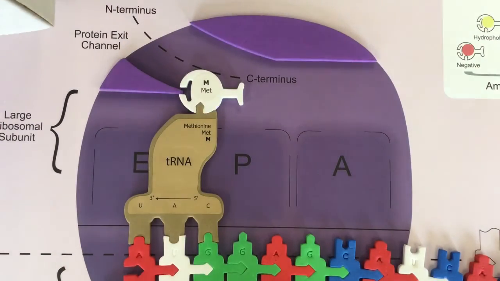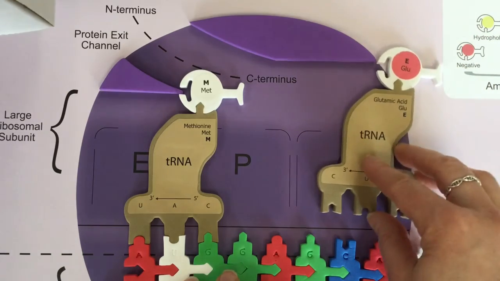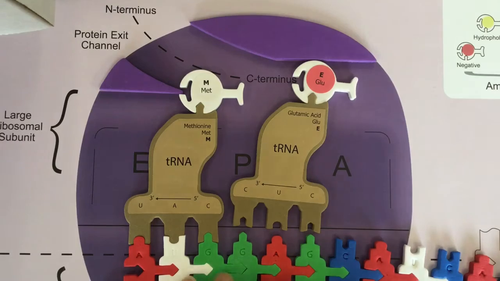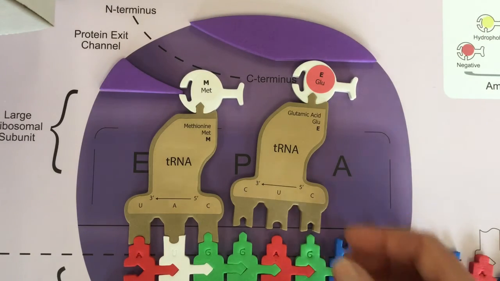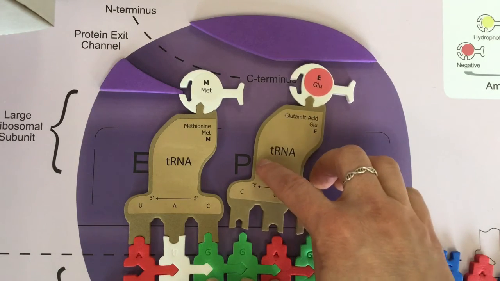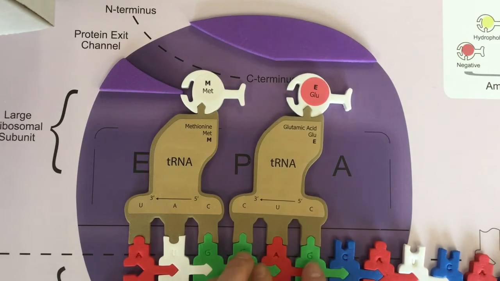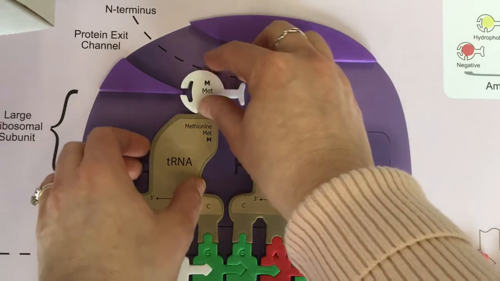So the next tRNA that's going to come along is going to be carrying glutamic acid. And the way for the ribosome to check to make sure they brought the right amino acid is if it fits, if that anticodon is complementary to the codon, then we know it worked.